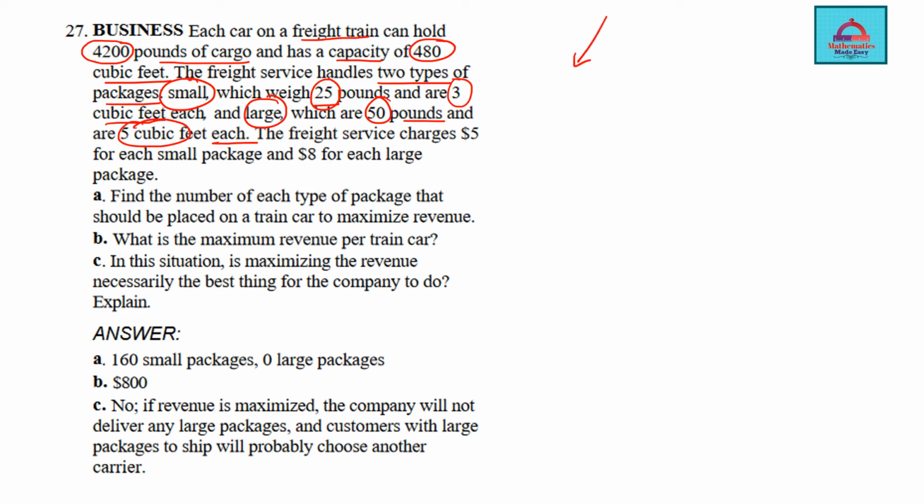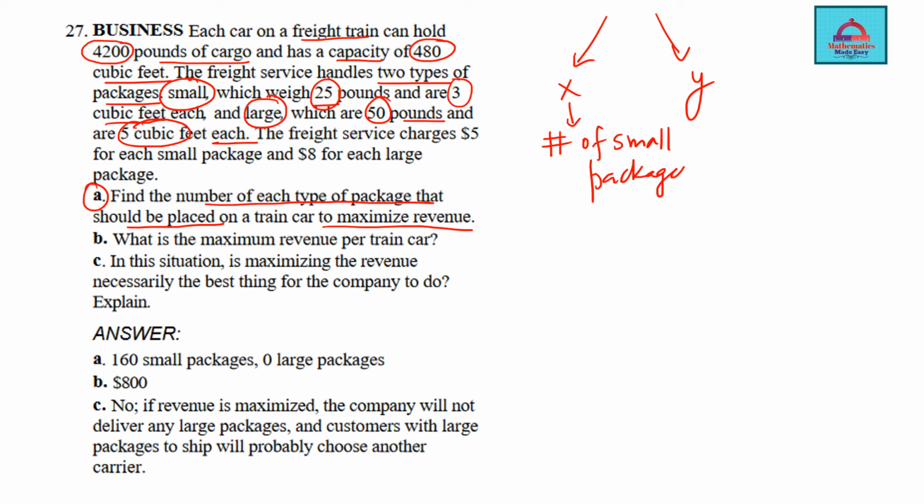Okay, so again we can denote x and y variables. X variable will denote the small package. If you see, find the number of each type of package that should be placed to maximize revenue. So x is the number of small packages that we are going to take, and y would be the number of large packages that we would take.